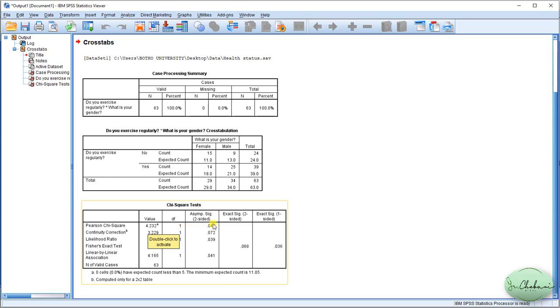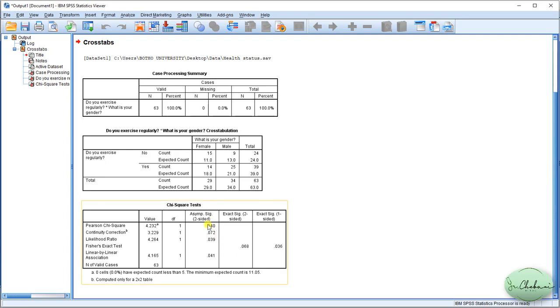And then this column here, which says Asymp. Sig. two-sided, gives us the significance, right? So this is our p-value. You can see that the p-value is 0.040. Remember that by hand we were using a table and we estimated it to be between 0.01 and 0.05.